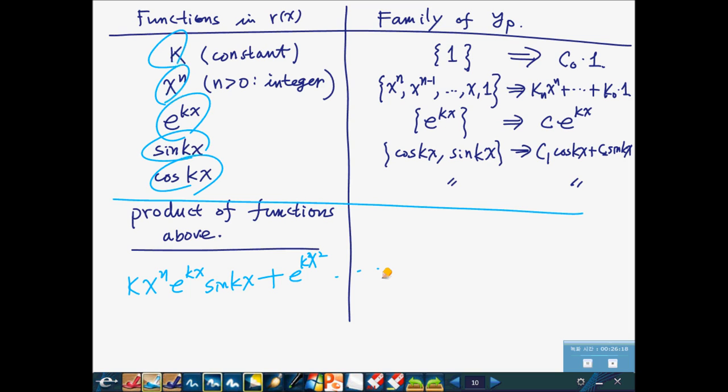Then our family will be all products of the individual family members.